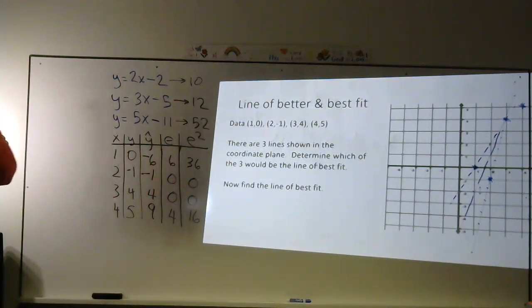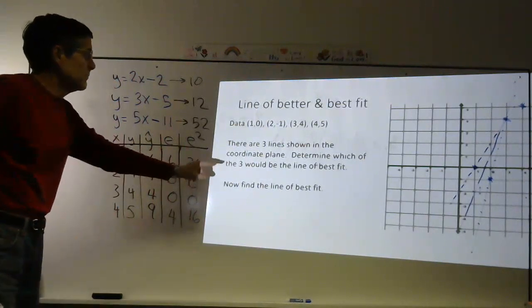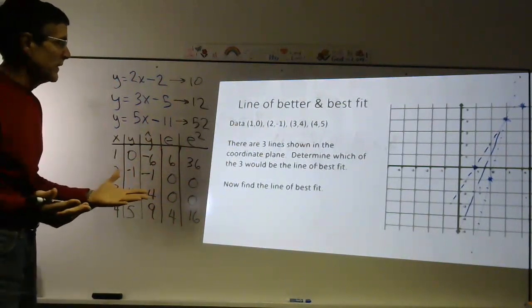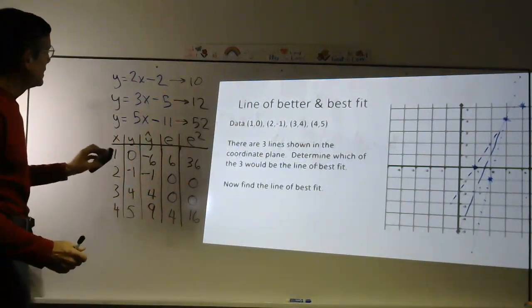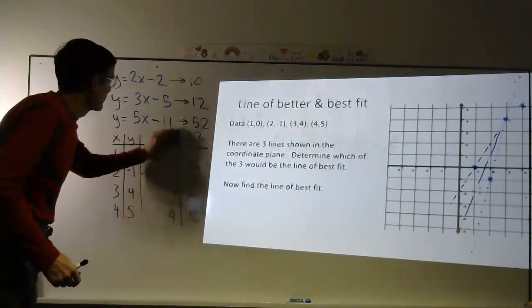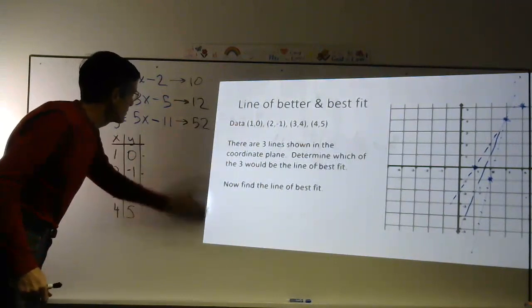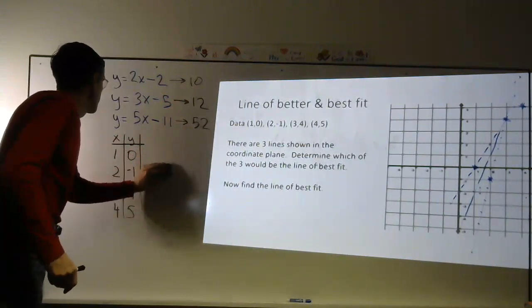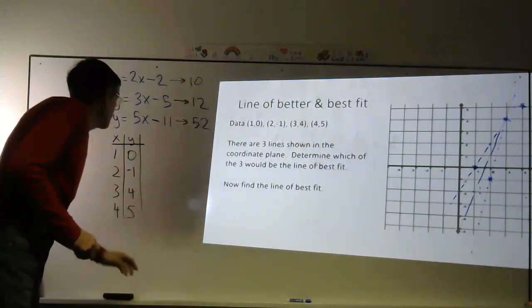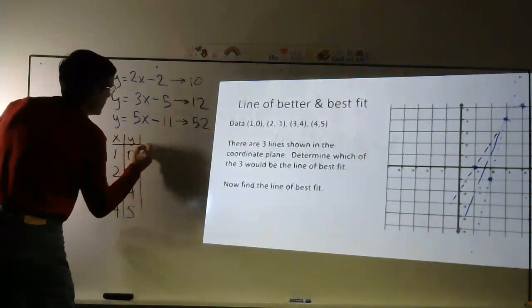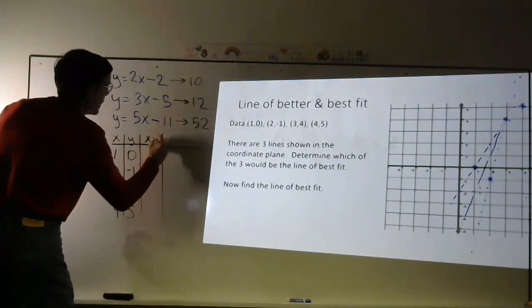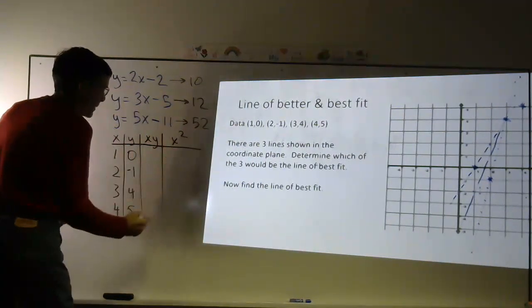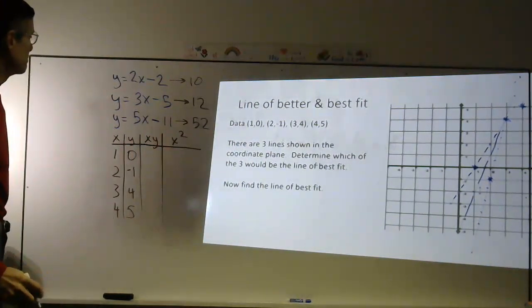Now, which line would be the line of absolute best fit? Okay? The line of absolute best fit, we need a different chart. So let's get rid of this. And we need, here's our data. We need xy, and we need x squared. Okay?